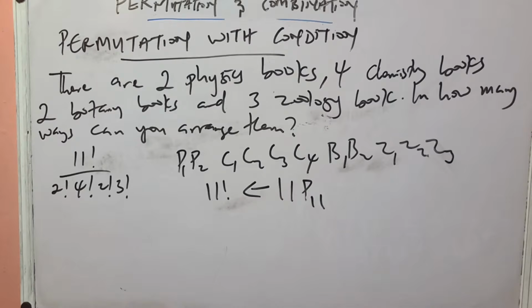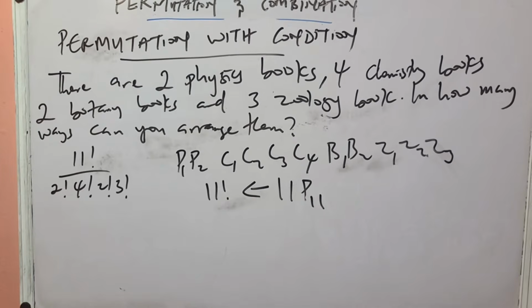What did you guys get as your answer, by the way? What's 11 factorial? I see you guys writing. What was the answer you people got? Can you give me your answers, guys? I don't see anybody that gave me this answer. Is it 69,300?